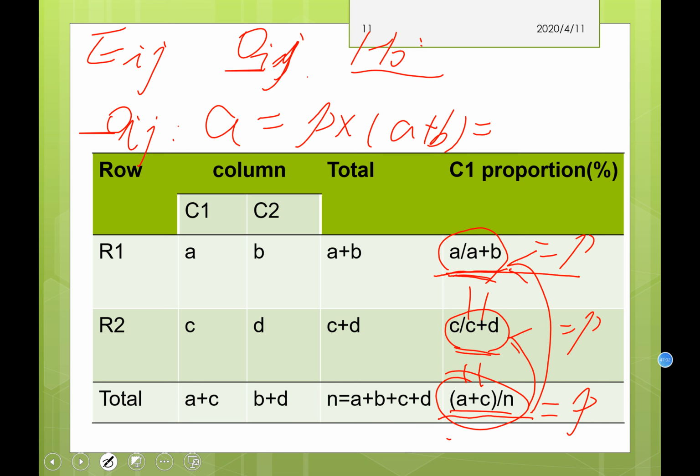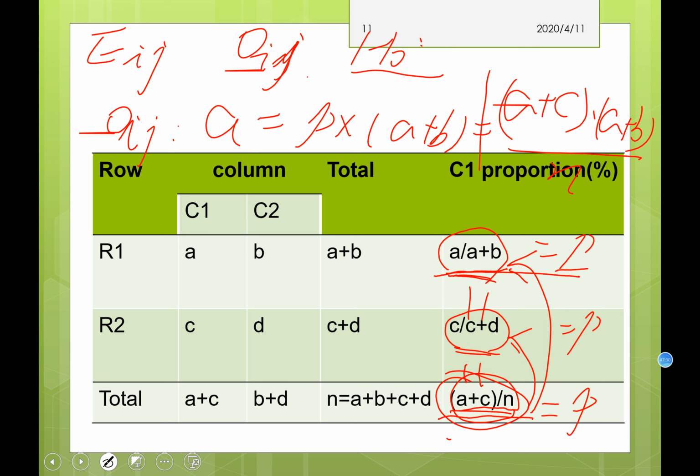But if H0 is really true, and we said that P equals A plus C divided by N, then this number should be equal to A plus C times A plus B divided by N, right?